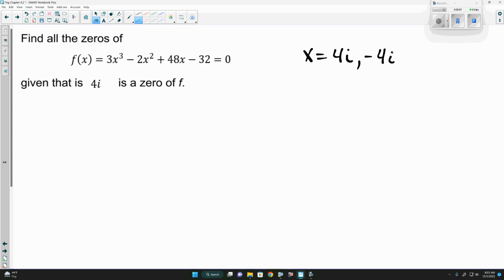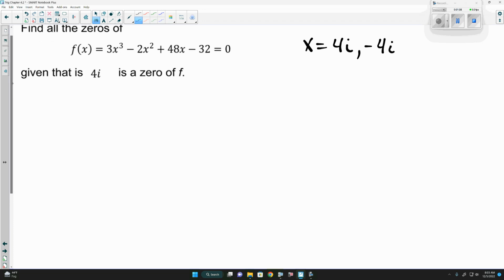So one of the things we could do at this point is graph it and see if the other solution is a natural number or an integer. Because if it's one or the other, we have all the solutions and we're done. So we could graph it and see it. That is it.